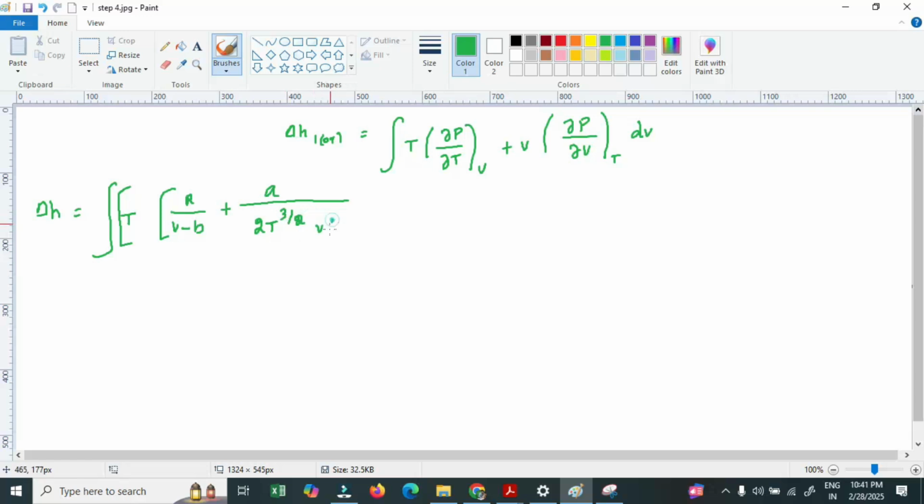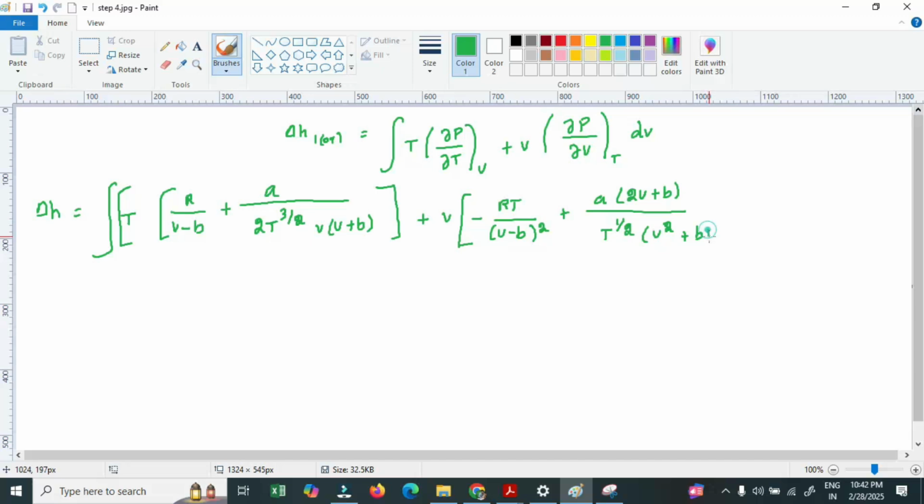Then plus this term V, writing it here, minus RT, which we did in the previous slide, divided by V minus B power 2, plus A into 2V plus B divided by T power 1 by 2 into V square plus VB power 2, and this multiplied by dV, and the total square bracket we have in this integration part.